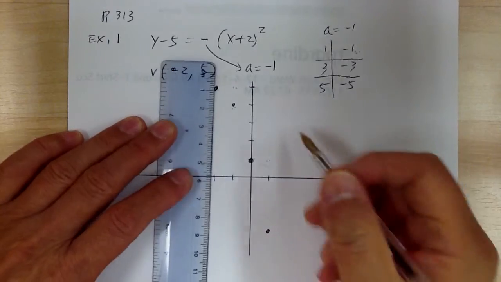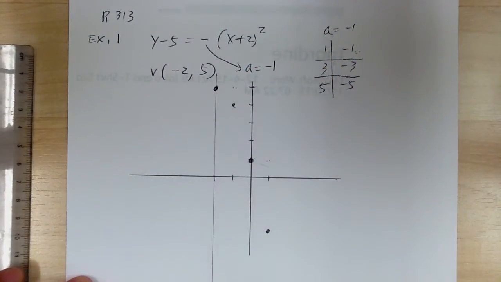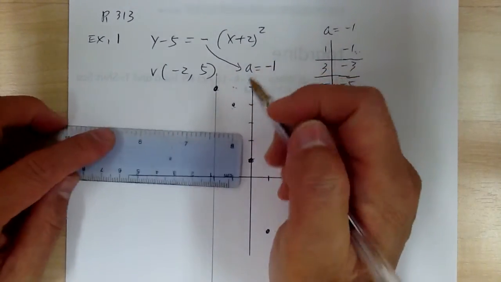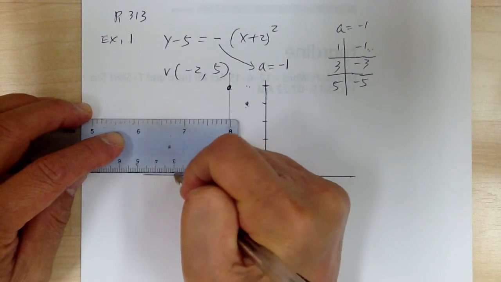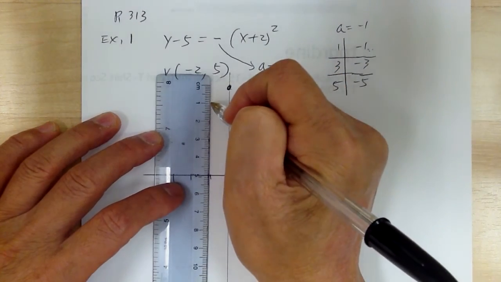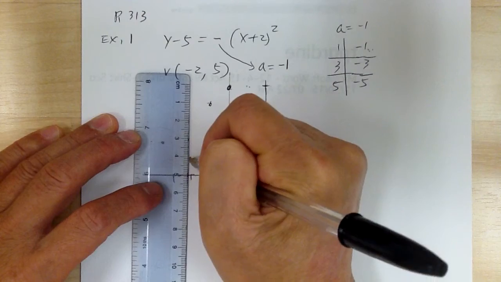And here's your axis of symmetry. The axis of symmetry always goes through the vertex, so the graph will always be symmetrical. The next nice thing about a parabola is that it's always symmetrical. So this one, you go across over and get a point right over here. This one, you go across over, you get over here.